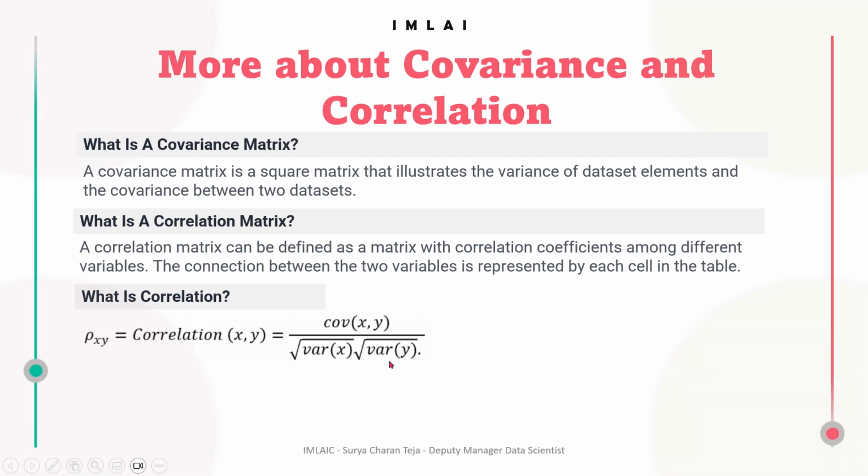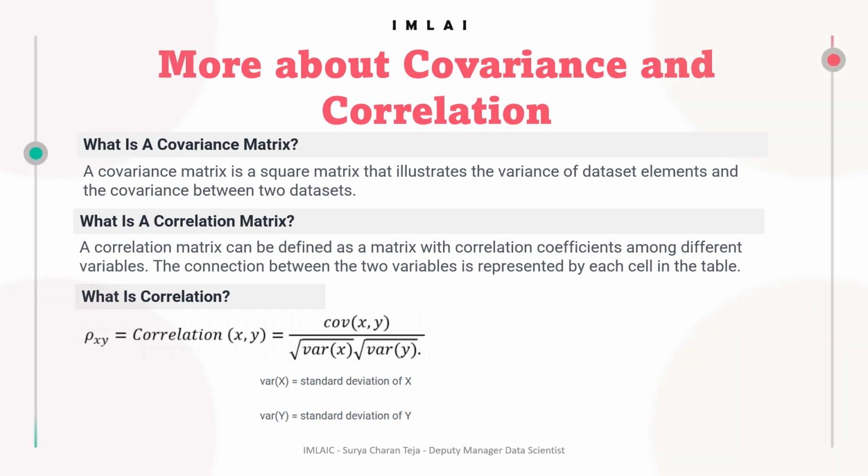Square root of variance of x is nothing but the standard deviation of x, and square root of variance of y is nothing but the standard deviation of y. So if you put things in a much simpler way, correlation of x comma y can be calculated using the formula covariance of x comma y divided by the multiplication of standard deviation of x and standard deviation of y.